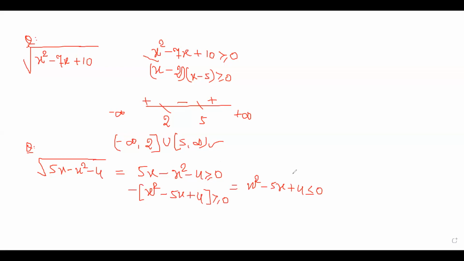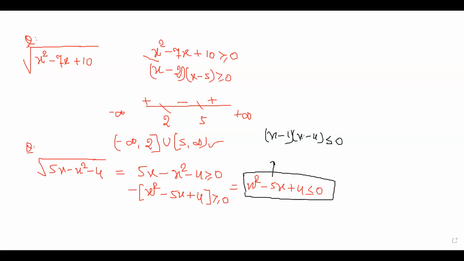Now, Sufyan, can you tell me, is there any problem for this part? No, sir. Okay, now you can solve. How? When you factor, it will be x minus 1 into x minus 4 less than or equal to 0.